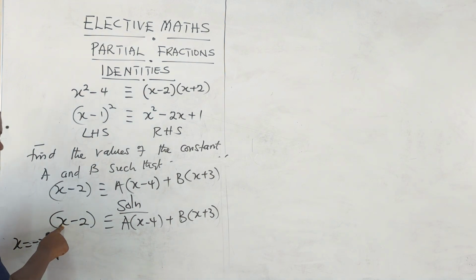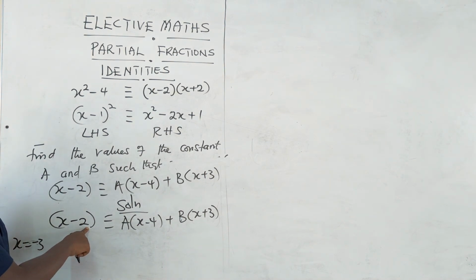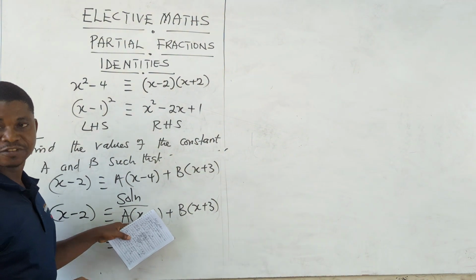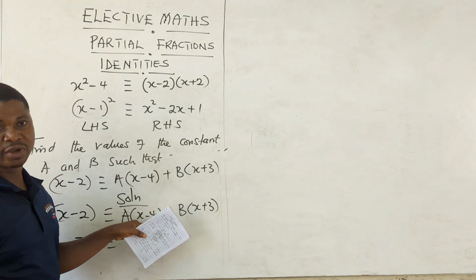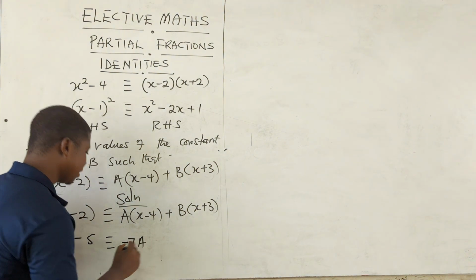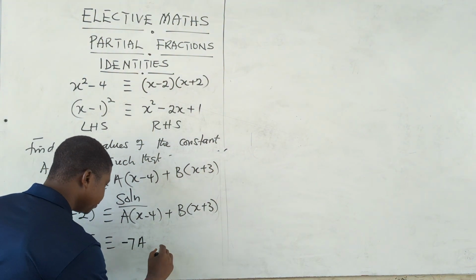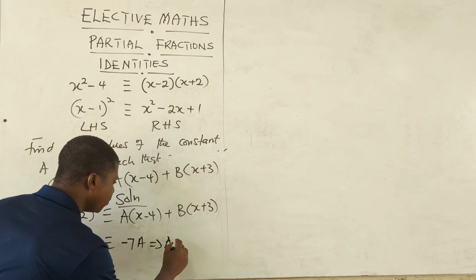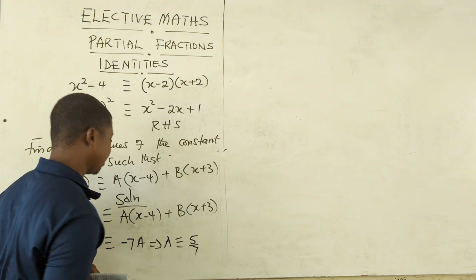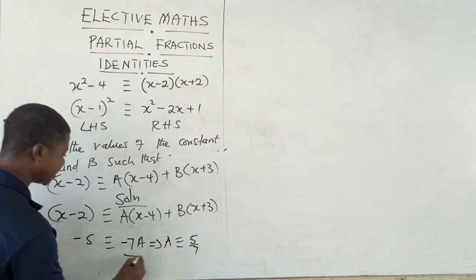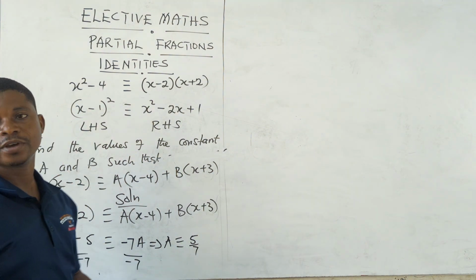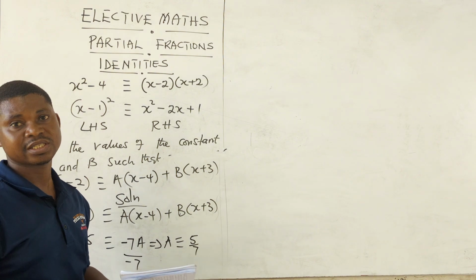So negative 3 minus 2 gives me negative 5, which is equivalent to negative 3 minus 4, which gives minus 7, so negative 7A. So my A would be 5 over 7, by dividing both sides by negative 7.